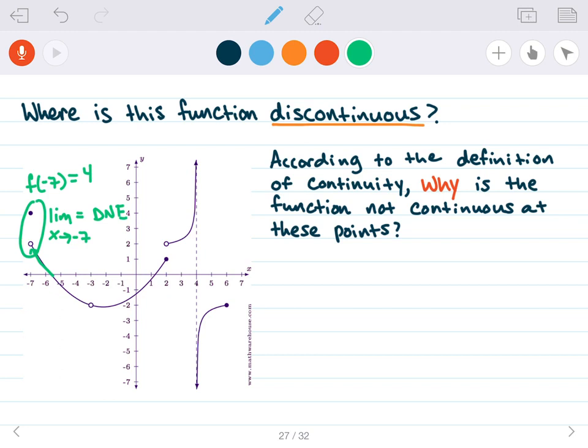The curve's broken. And so for this reason, because f of a is not equal to the limit as x goes to a, because these are different, it's discontinuous at x equals -7. So that's our first discontinuity.